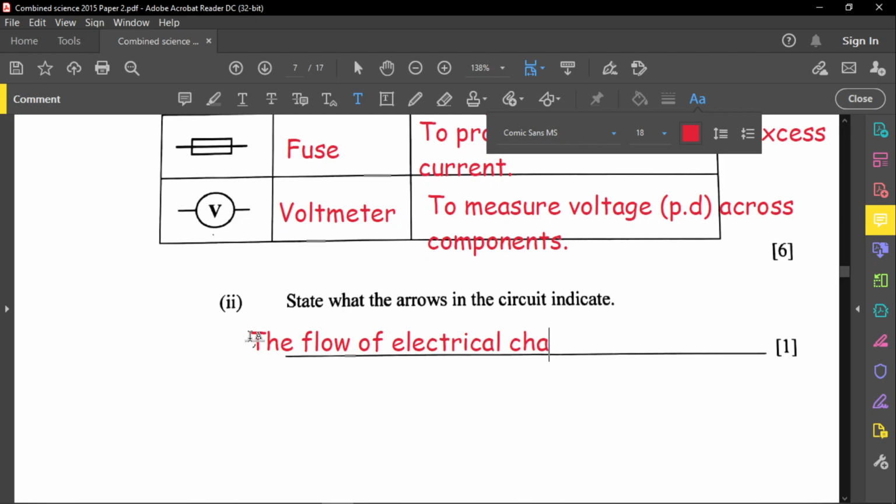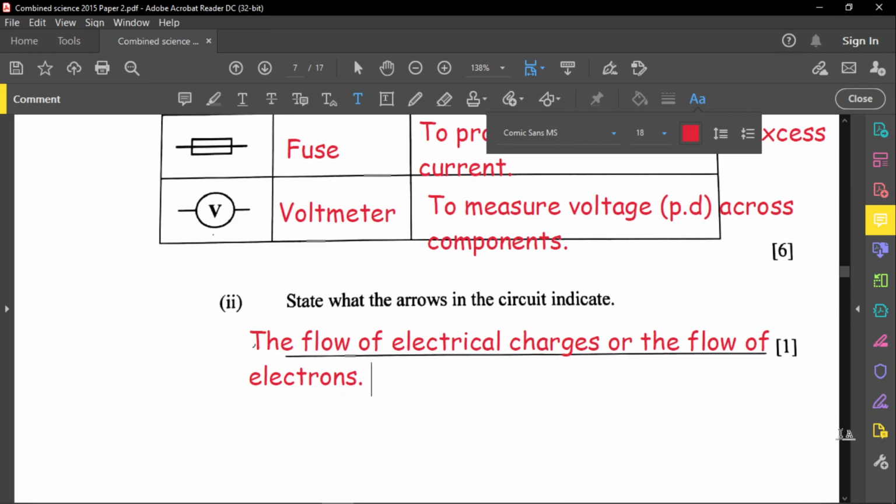Electrons will flow through the circuit. So you can even say charges or the flow of electrons, because it's electrons that are moving. So now we have that covered.